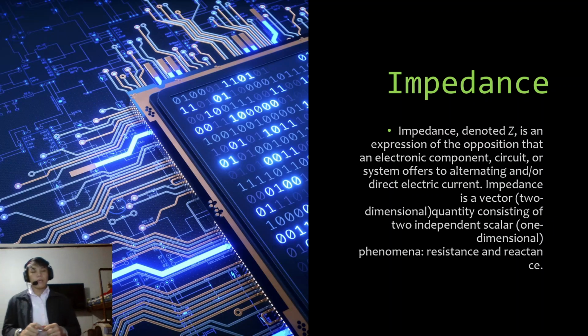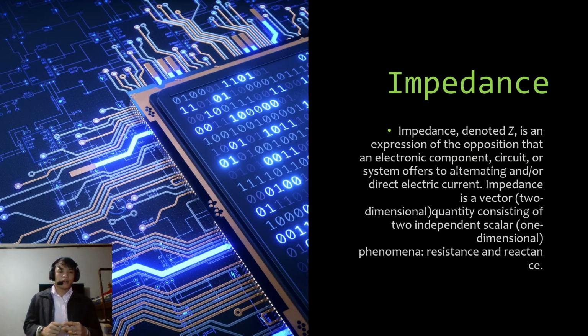So, impedance is denoted as letter Z. It is an expression of the opposition that an electronic component, circuit, or system offers to alternating and or direct current. Impedance is a vector, a two-dimensional quantity consisting of two independent scalar or one-dimensional phenomena, resistance and reactance.